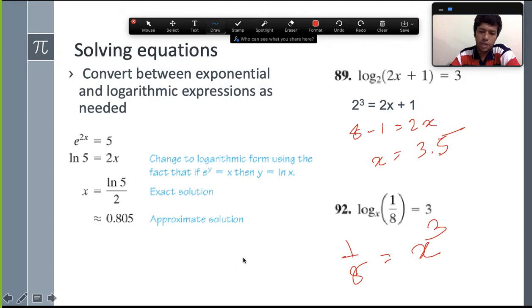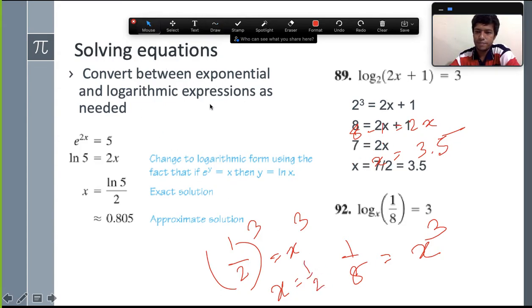This is actually 1 divided by 2 cubed. So this equals x cubed. So both sides you have the same power, so x must be equal to half.